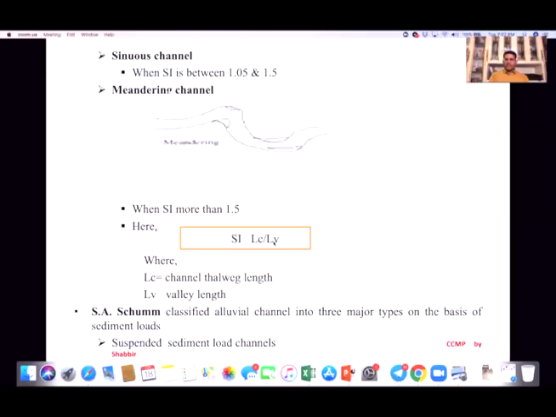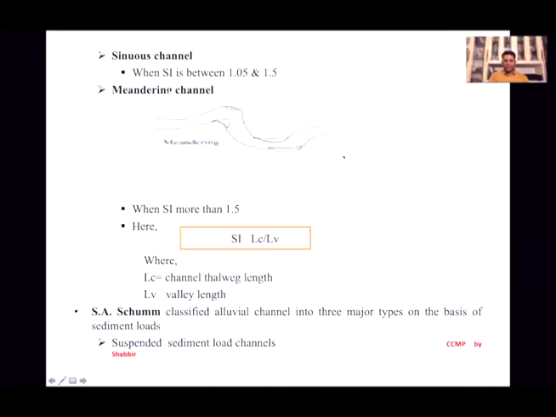When the river is perfectly straight, LC and LV are the same. When the river starts meandering, then the length of the channel becomes more, whereas the axis, the exactly straight line here, will be shorter. That's how the relation is established. So this ratio is the Sinuosity Index.